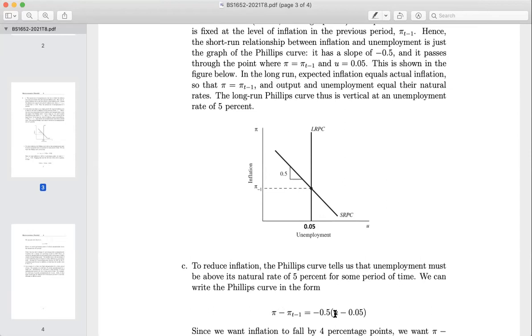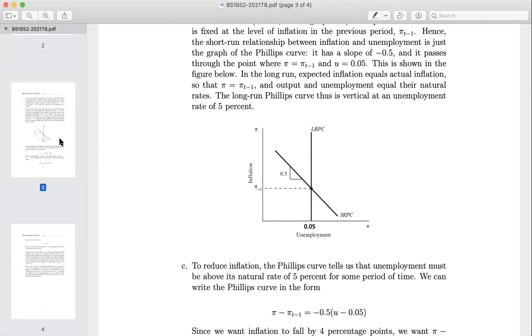The question doesn't ask me about the unemployment rate, it asks about the cyclical unemployment, how much cyclical unemployment is necessary to reduce inflation by 4%. So that's why I need to calculate the cyclical unemployment, which is the difference between the actual unemployment and the natural rate of unemployment.